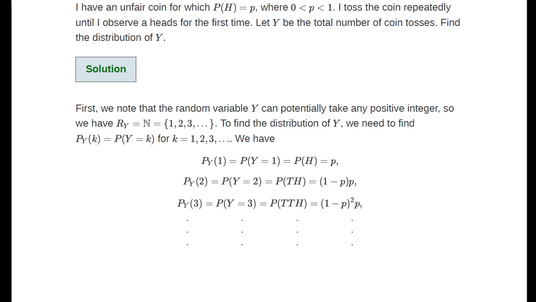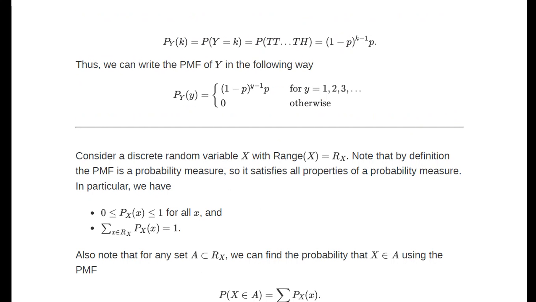We have P_Y(1) equals P(Y equals 1) equals P(H) equals p. P_Y(2) equals P(Y equals 2) equals P(TH) equals (1 minus p) times p. P_Y(3) equals P(Y equals 3) equals P(TTH) equals (1 minus p) squared times p. P_Y(k) equals P(Y equals k) equals P(T...TH) equals (1 minus p) to the power k minus 1 times p.